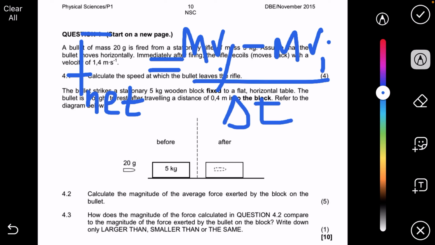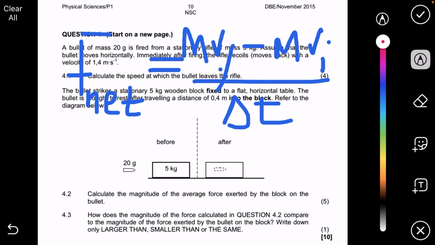Remember, you had that change in time over there. We just divided by delta t to make force net the subject of the formula, because that's what the question wants you to calculate. You need to have all of this information in order to be able to calculate.